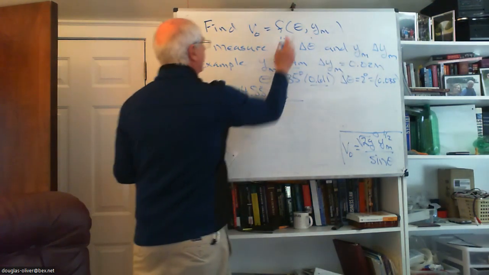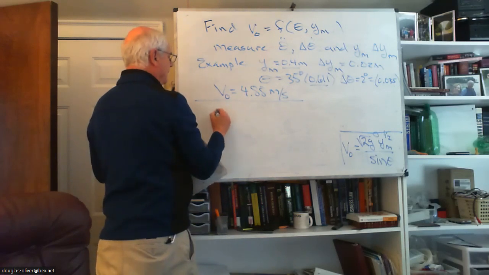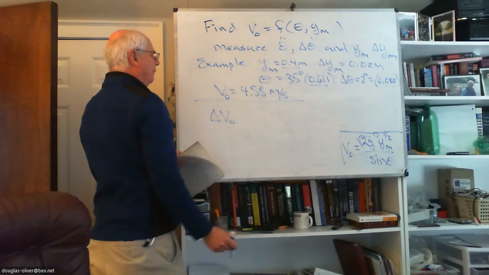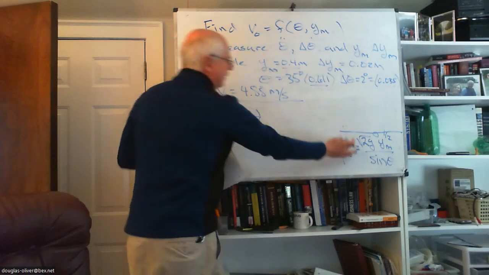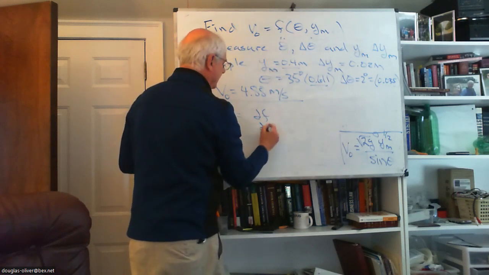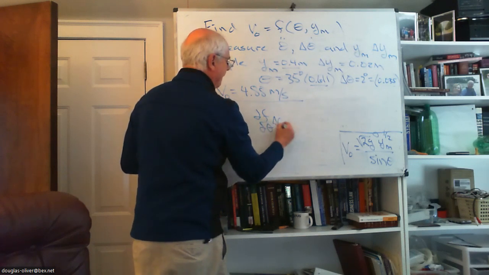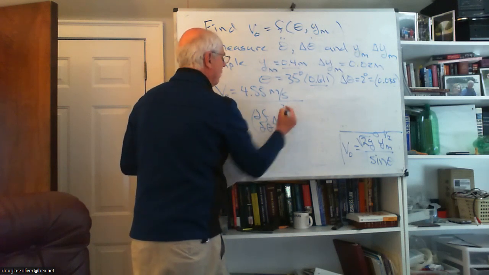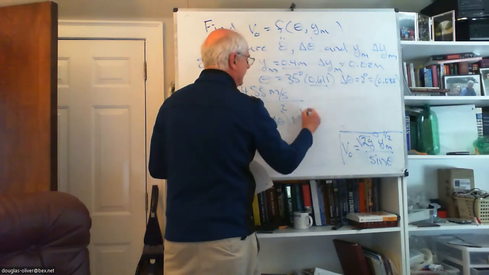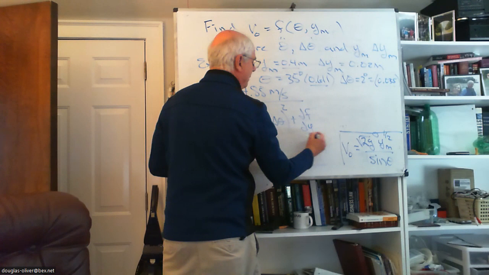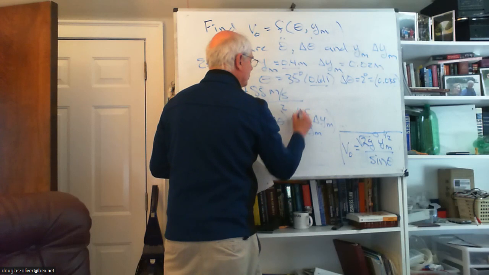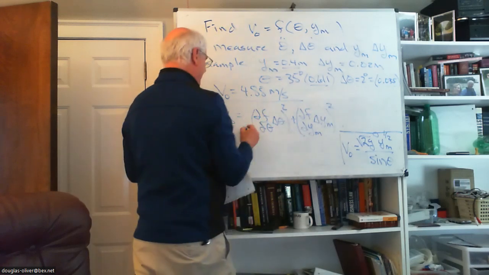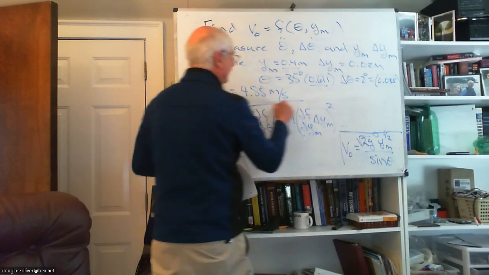The uncertainty in our estimated value of initial velocity is equal to df d theta delta theta, squared, plus df dy max delta y max, squared, and then take the square root of all of that.